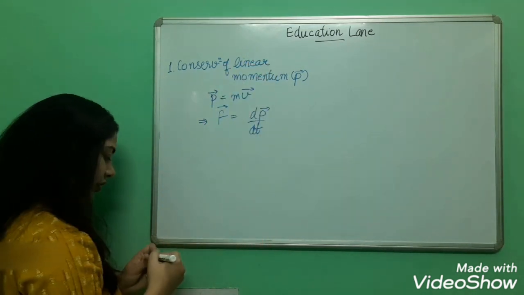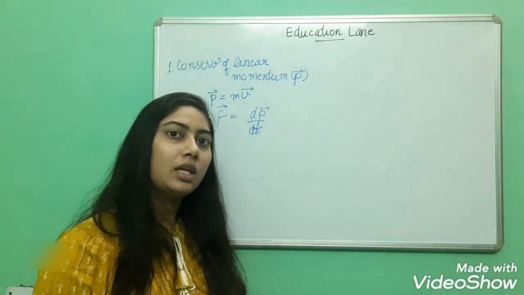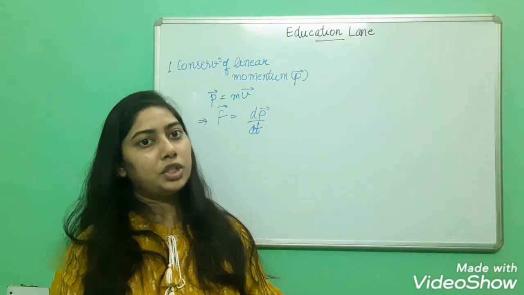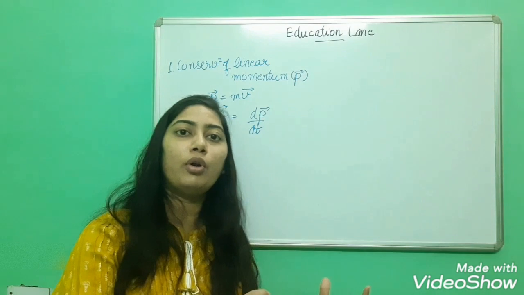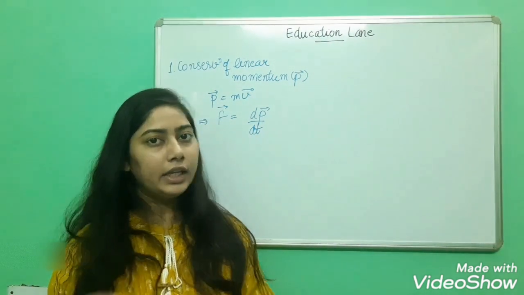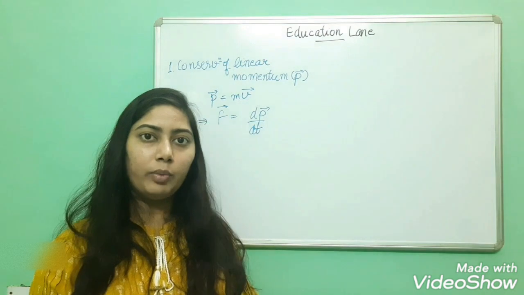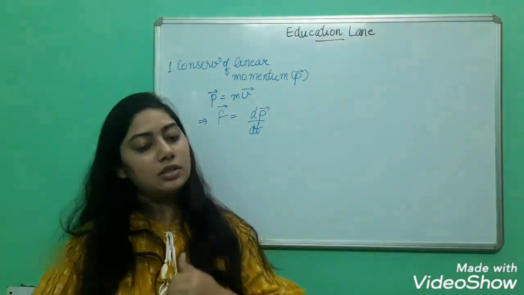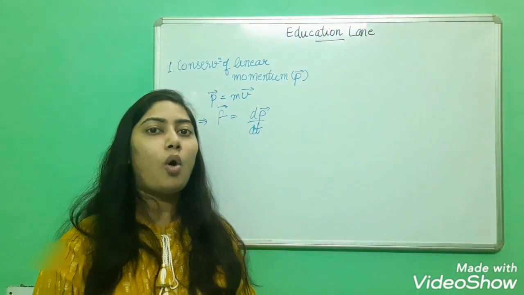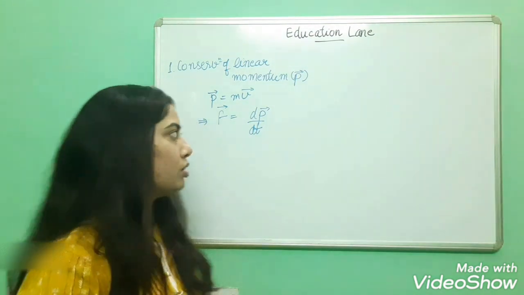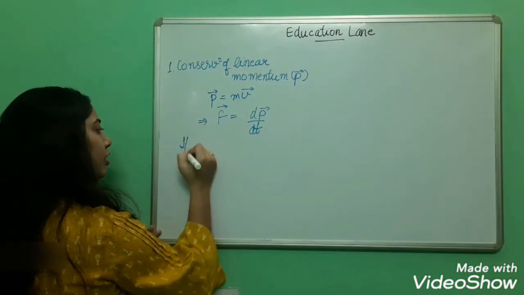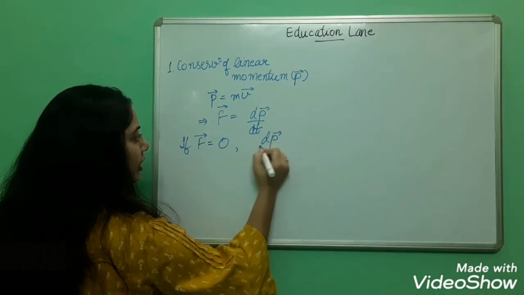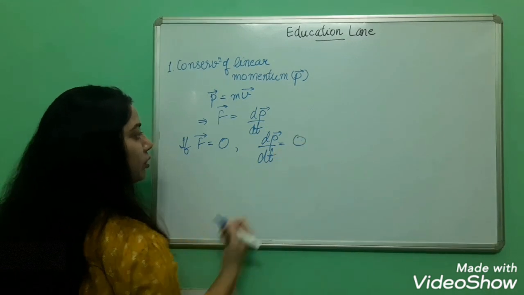Now what does the conservation of linear momentum say? It says the linear momentum will remain conserved, that is, it will remain unchanged. Its value will remain same before and after an event, only if the external force applied on the mass is 0. So if I consider the external force applied on the system is 0, then I can write dp by dt is equal to 0.